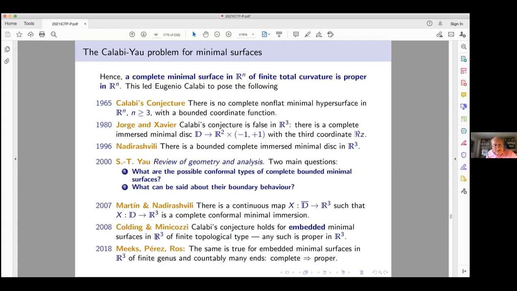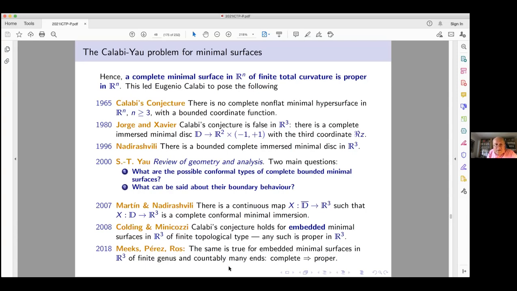So in R3, the philosophy is that you cannot make the surface complete without going to infinity, okay? In R3, if you want to have it embedded. If you want to just have it immersed with self-intersections, there is no problem, as Nadirashvili showed. So there is a huge difference between embedded and immersed. Further results by Meeks, Pérez, and Ros in the same spirit, that you can actually have countably many ends.